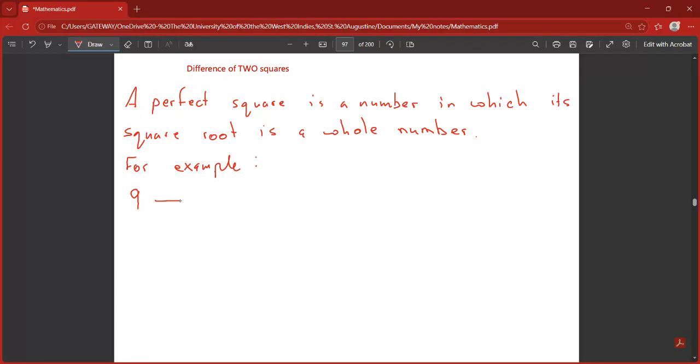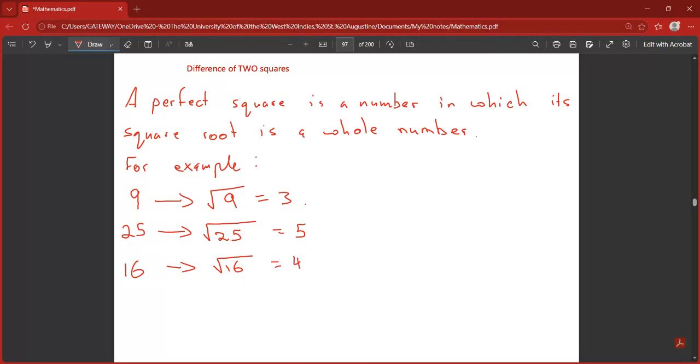So if you find the square root of 9, you're going to get 3, which is a whole number. 25 is a perfect square, because the square root of 25 is 5. 16 is a perfect square because the square root of 16 is a whole number, which is 4.